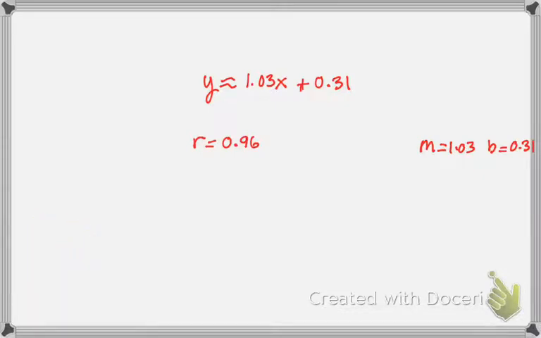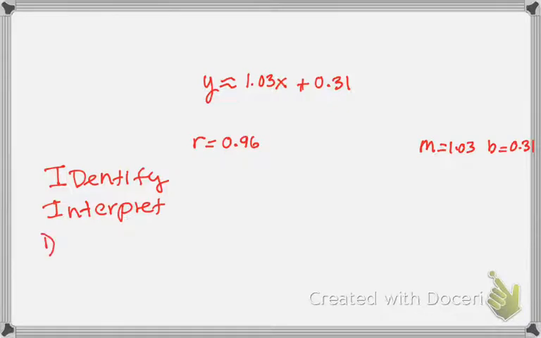If we're talking about the correlation coefficient, first you always have to identify and then interpret. So for part 1, we do this in complete sentences.